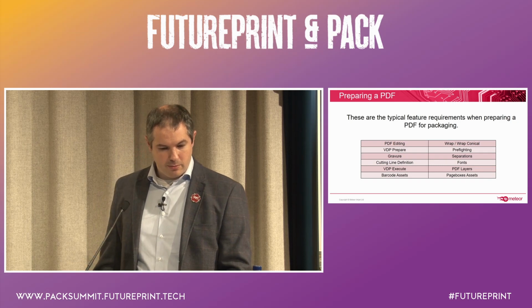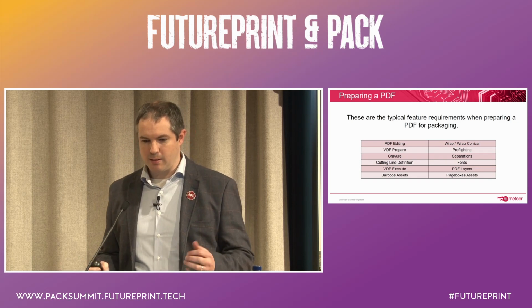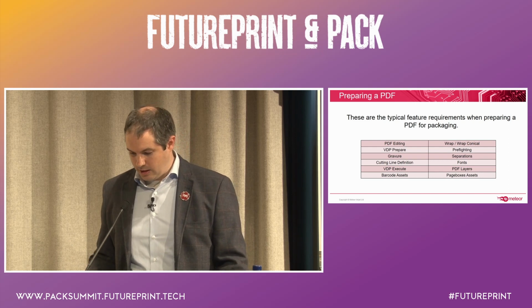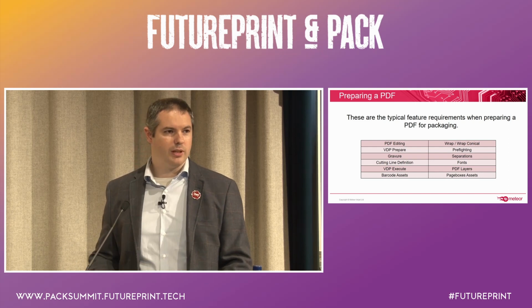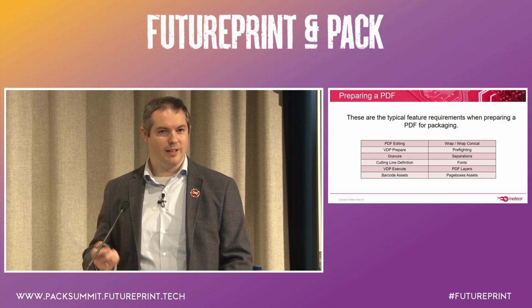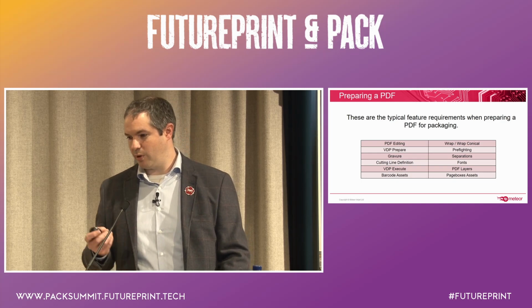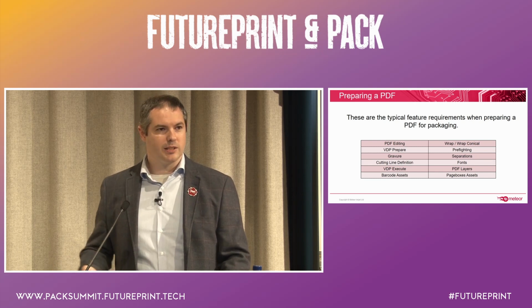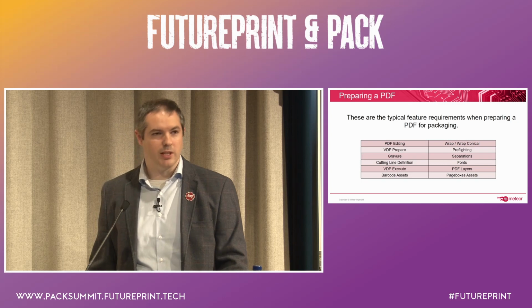And at the bottom there, we've got barcode assets. So these are the typical barcodes that come around in the digital or analog industries, and they're covered by many types of software. You'd want these to be covered within the software you're picking up for the PDF preparation. So Hybrid Steps and Packs obviously picks up most of the industry standards.